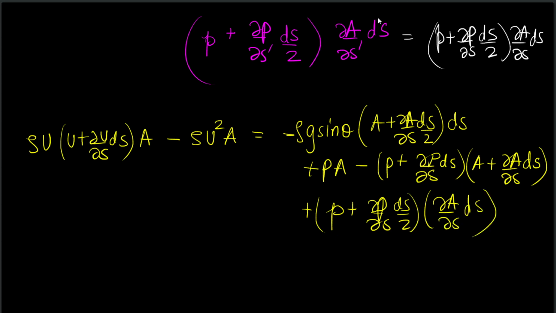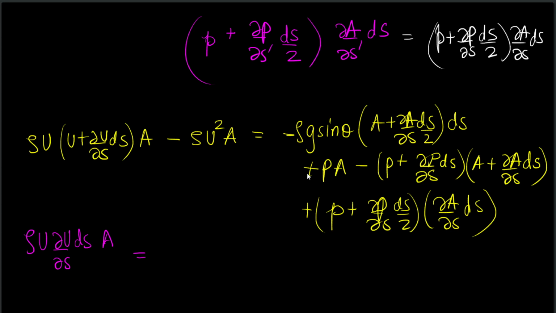Let us simplify this. On the left hand side, what do we have? We have ρ, and this u²A will cancel out. This will be ρu ∂u/∂s times A times ds. On the right hand side, this pA and this pA will cancel out.